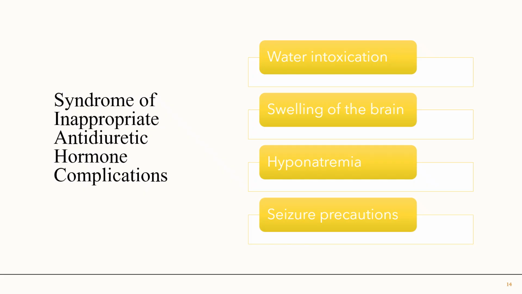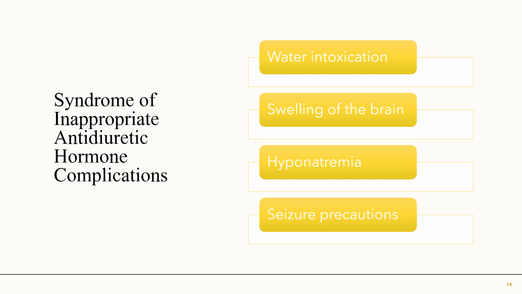SIADH can cause serious complications, including water intoxication, swelling to the brain or lungs, and dangerously low sodium levels. If these problems are not treated quickly, they can progress to seizures, coma, and death.